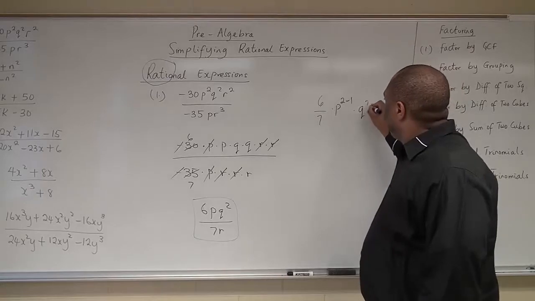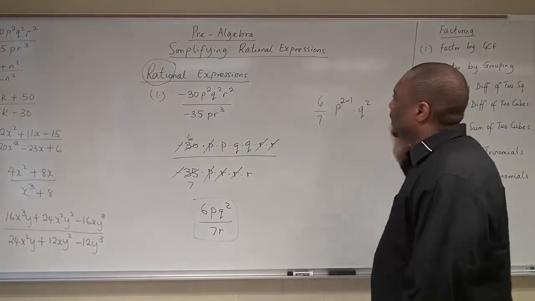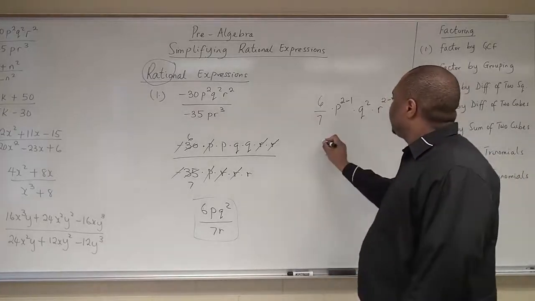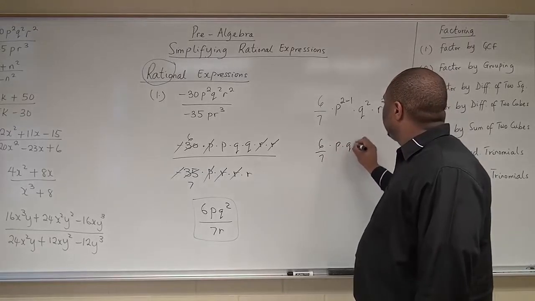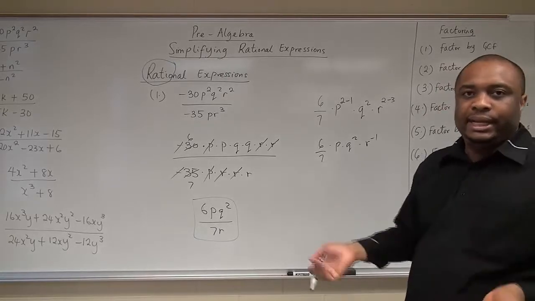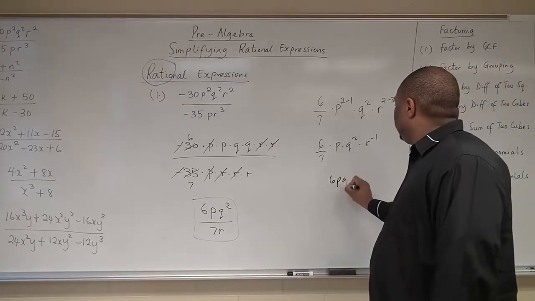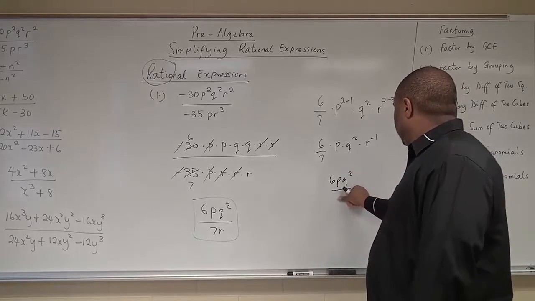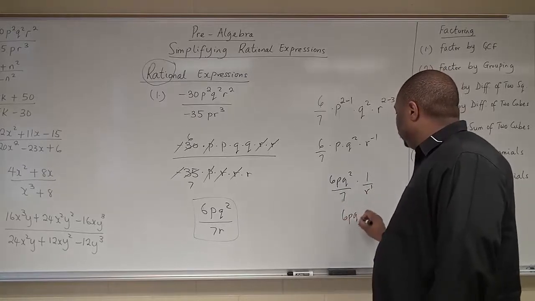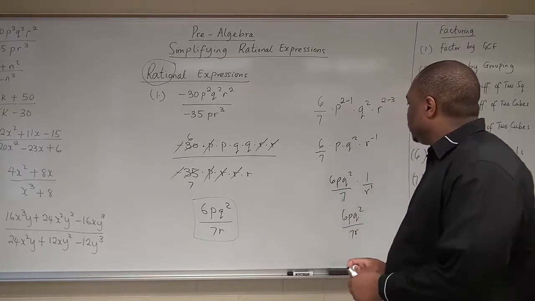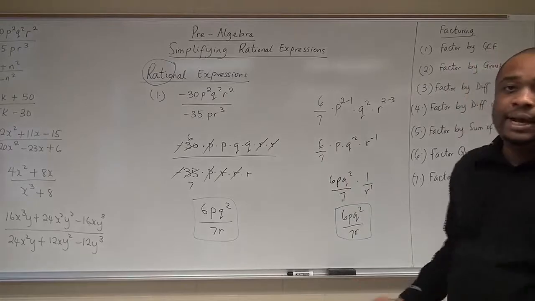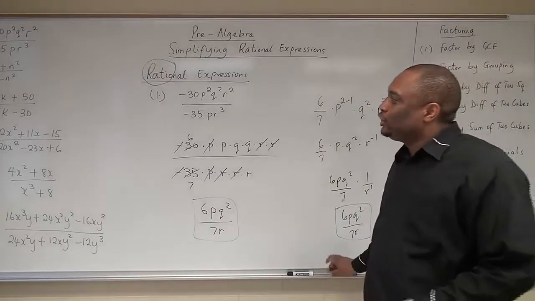Q does not have any brother in the denominator, so you just write q squared, times r to the 2 minus 3, which is r to the negative 1. So this becomes 6pq squared over 7 times 1 over r, which is 6pq squared over 7r. Whichever way you want to solve it, that's fine. Now let's do question 2.